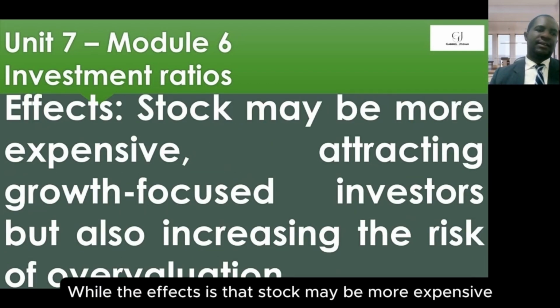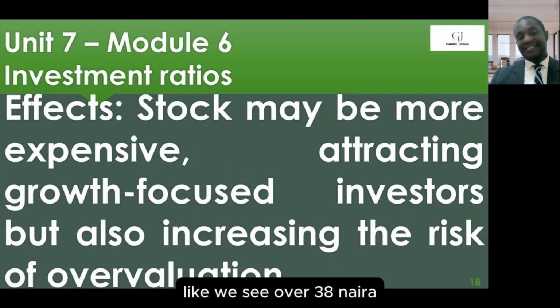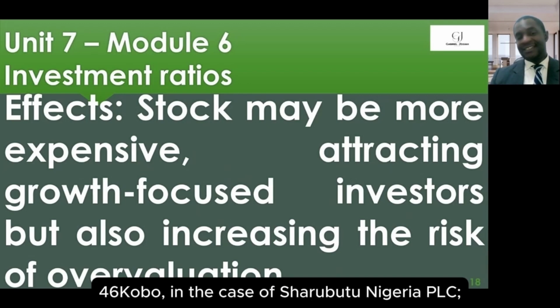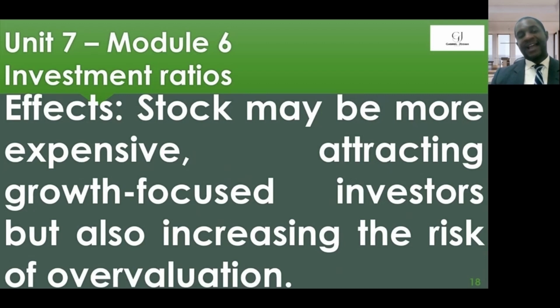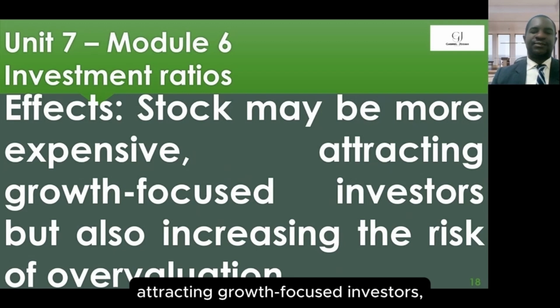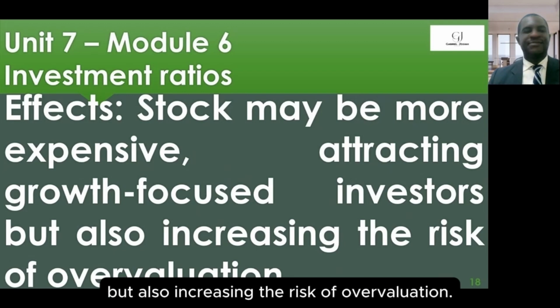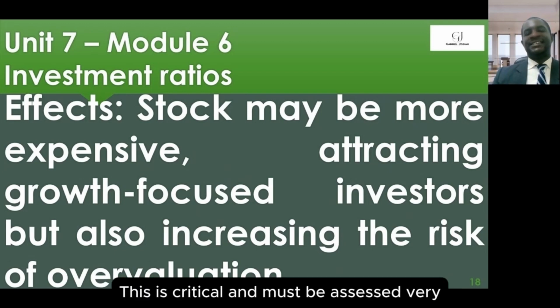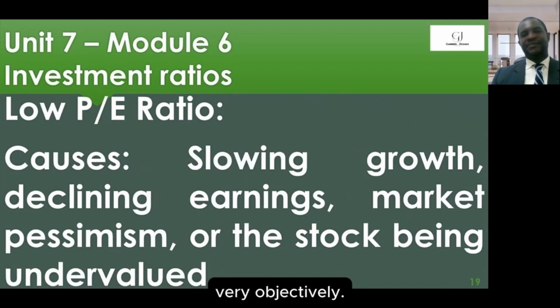While the effect is that the stock may be more expensive, like we see over 38 naira 46 kobo in the case of Shell Nigeria PLC, attracting growth-focused investors, but also increasing the risk of overvaluation. This is critical and must be assessed very, very objectively.